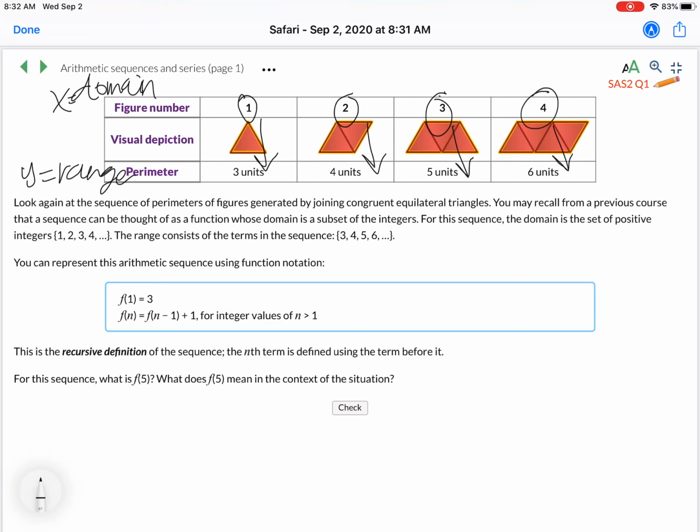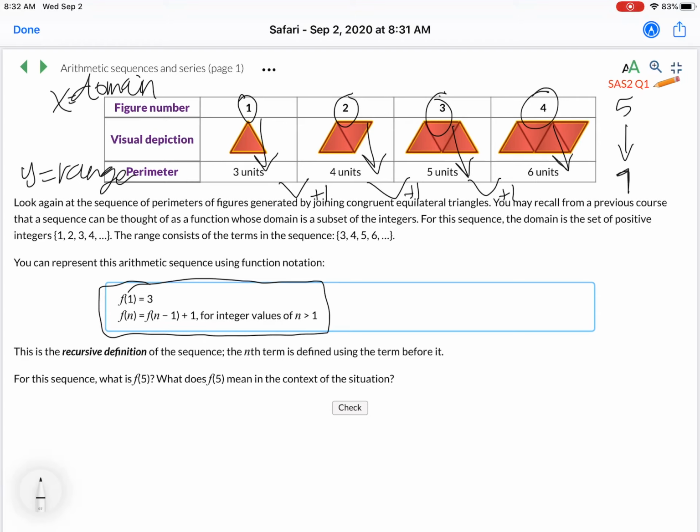Yesterday we knew that if we put in a 5, we got out a 7, because each time we added 1. But down here, in this blue box, it gives us something called function notation. This is the mathematical side behind it.